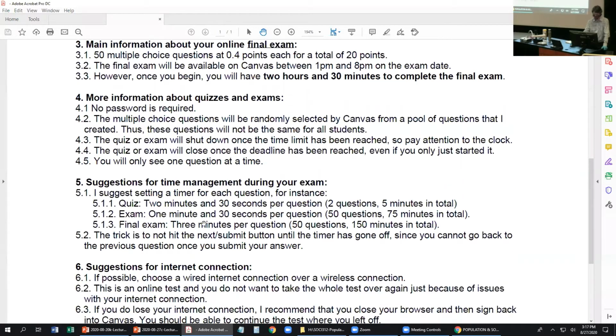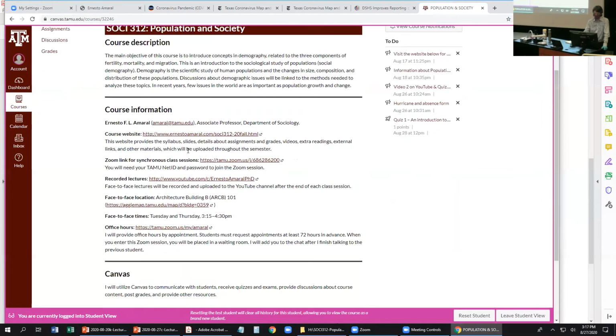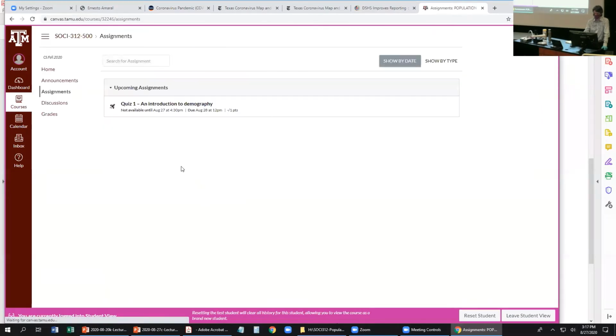All right. And in Canvas, this is the view that you have of the Canvas website. If you click here on assignments, or on this picture here, assignments, you go to the same place. That's where the quiz appears. It's not available now.